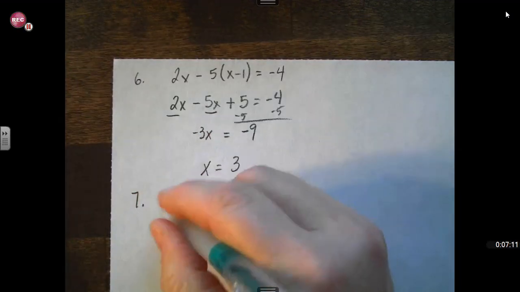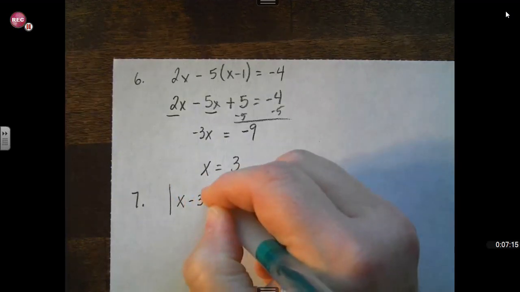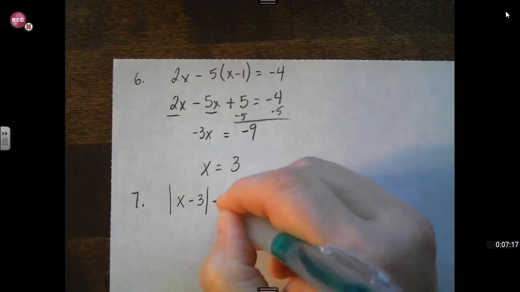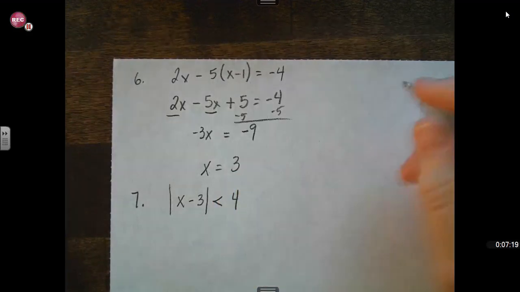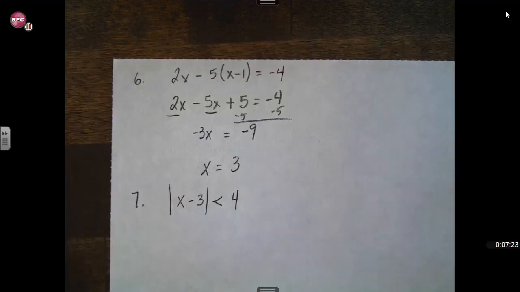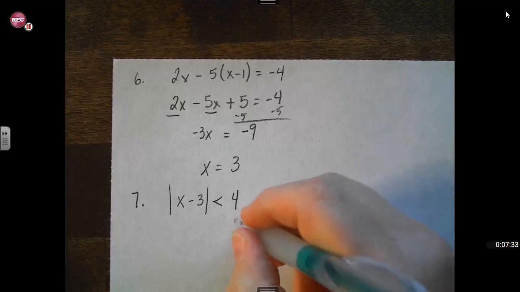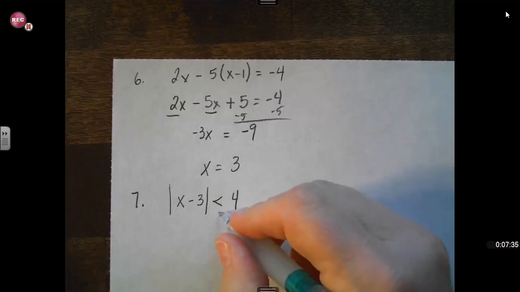Number 7, we have the absolute value of x minus 3 is less than 4. I don't remember if I showed you guys the geometric way to solve this. So I'll just apply the definition of absolute value to the less than.